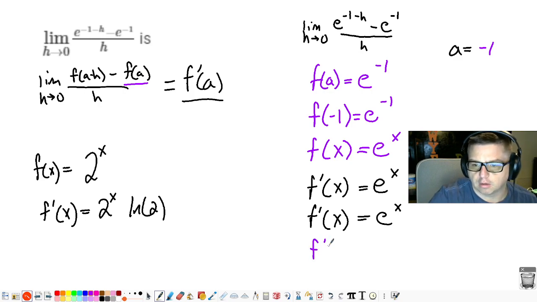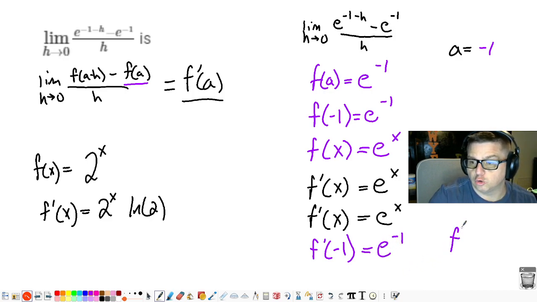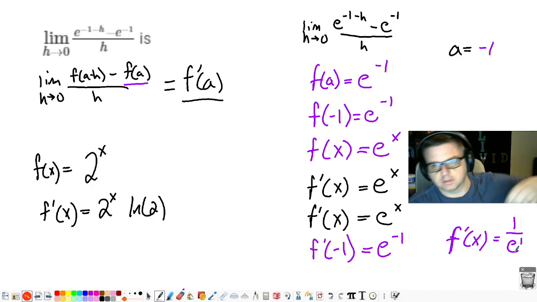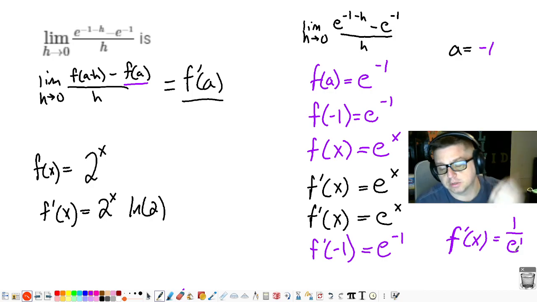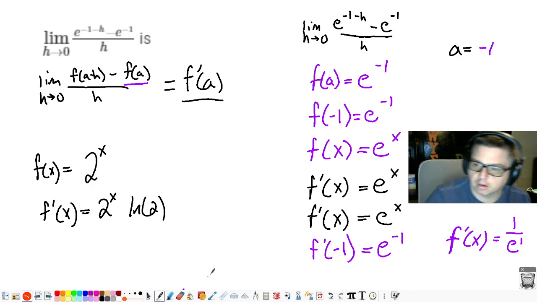So then our last step is we want to find out what it is for -1. And this is going to be that, which if you, oops, what am I doing? I don't need the inverse. Sorry, I need the derivative. If I am taking that, I'm going to get 1 over e to the 1, because remember, the negative brings it down into the denominator or puts it up in the numerator if it's in the denominator.